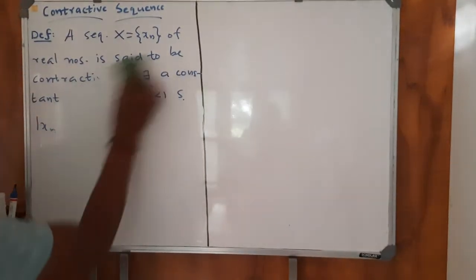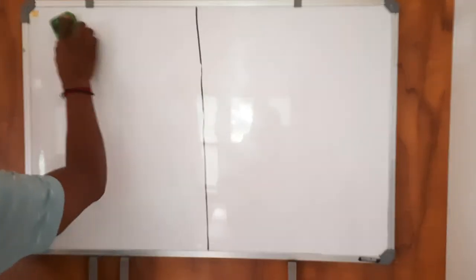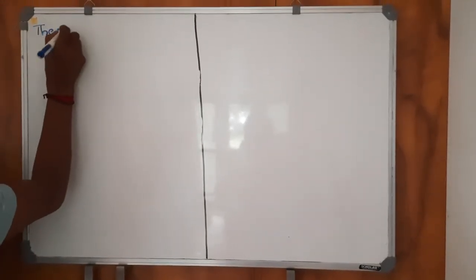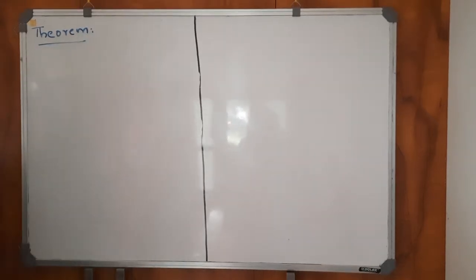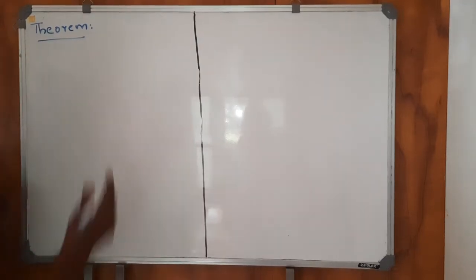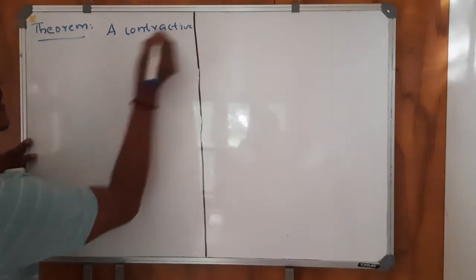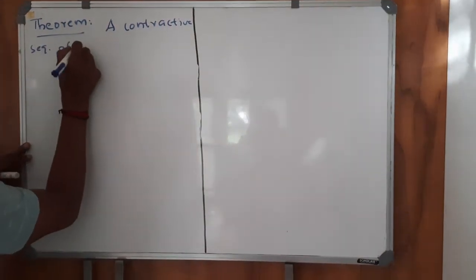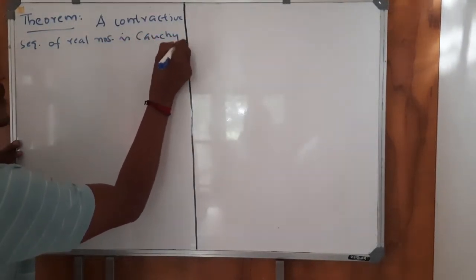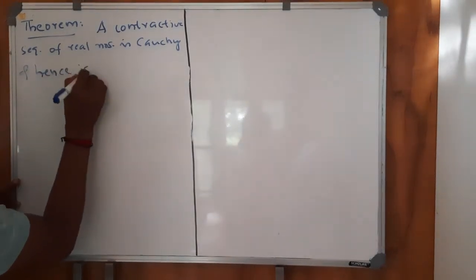We consider the nature of a contractive sequence of real numbers. So we have a characterization theorem. A contractive sequence of real numbers is Cauchy, and we know that every Cauchy sequence of real numbers is convergent, and hence it is convergent.